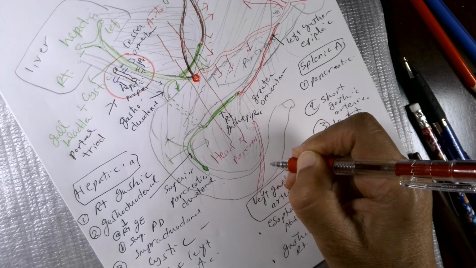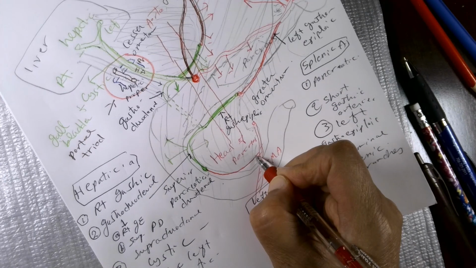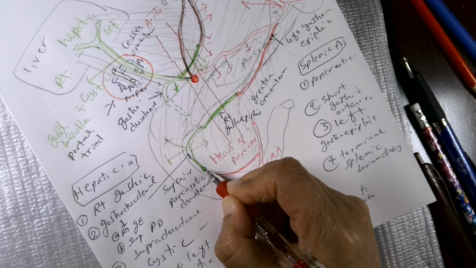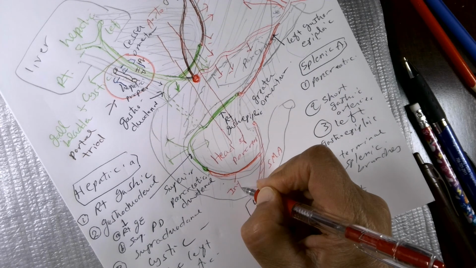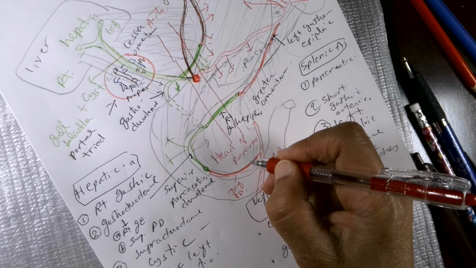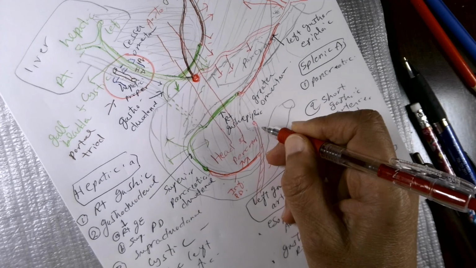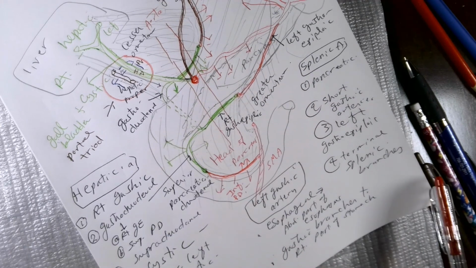This is the superior mesenteric artery, which is going to supply this area by the inferior pancreaticoduodenal. So this one is going to be the inferior pancreaticoduodenal artery, anastomosing with the superior one and supplying the lower part of the head, uncinate process, and lower half of the duodenum. I hope that this is clear.